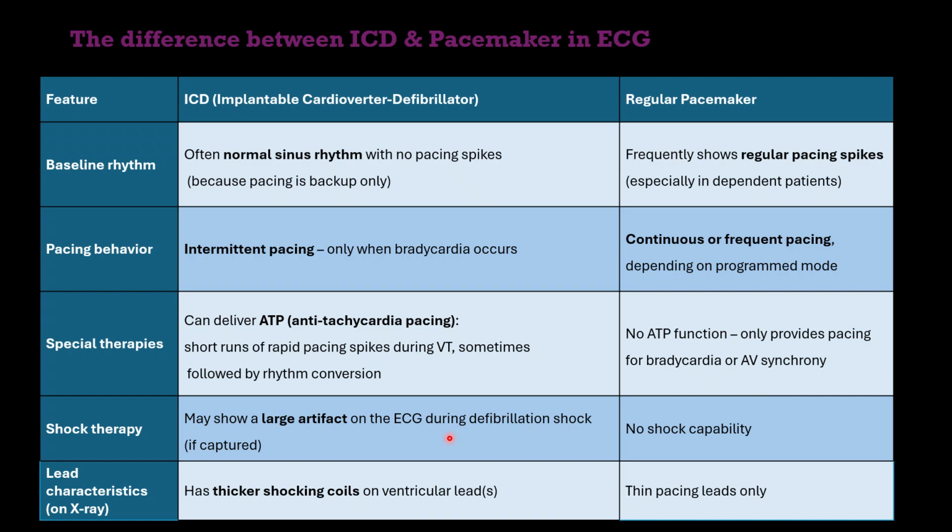The patient who has ICD has a large artifact during defibrillation shock if captured, and the ICD can give a shock if the patient develops tachycardia that needs a shock, depending on the programming of the ICD. A pacemaker has no shock capability.